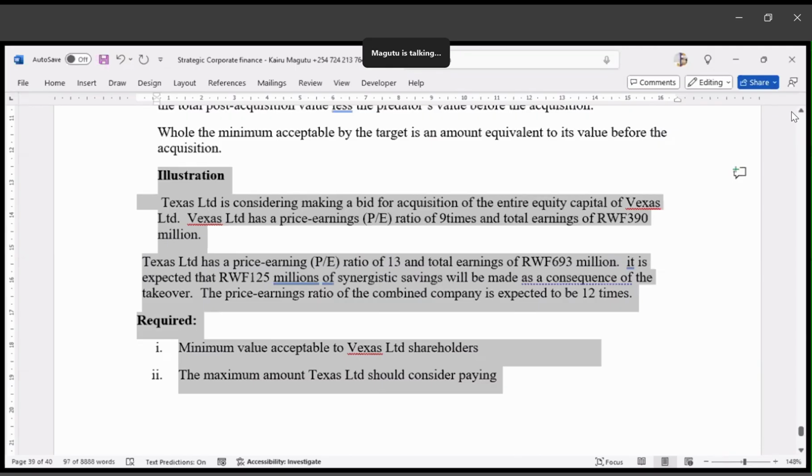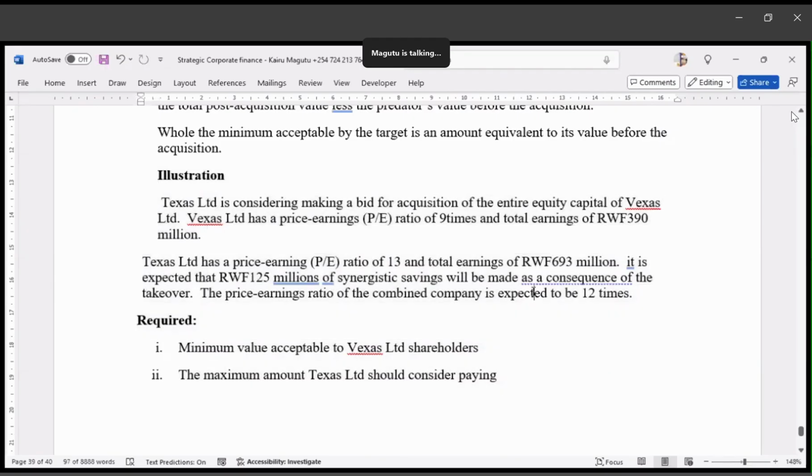In the meantime, I can read through it again. Texas Limited is considering making a bid for acquisition of the entire equity capital of Vexas Limited. Vexas has a price earnings ratio of 9 and total earnings of 390 million.